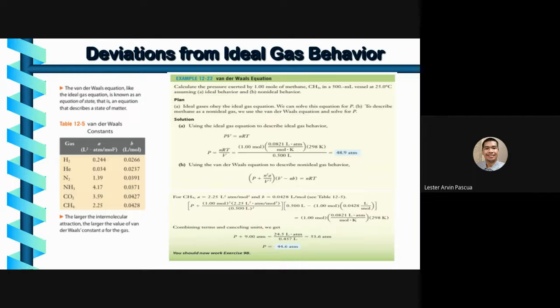May iwan na lang yung atmosphere. Ito, mga liters. Ito, liters squared to, di ba? In-square mo yung liter. So, ganun din. Magka-cancel din siya. Ito, mole squared. Ito, mole squared. Magka-cancel. So and so forth. Ganun din sa right side ng equation. Your liters will cancel. Your Kelvin will cancel.